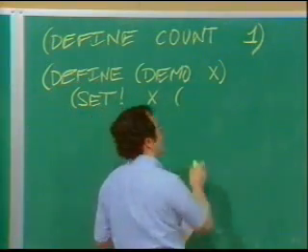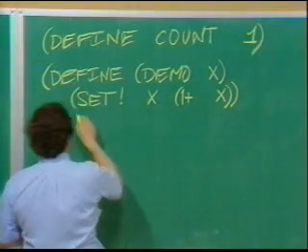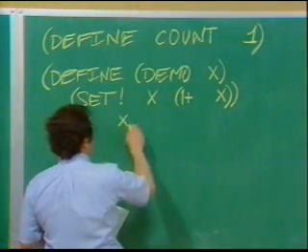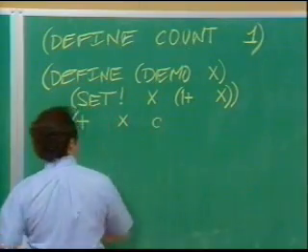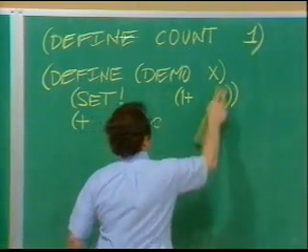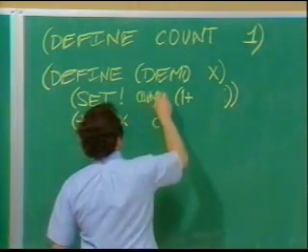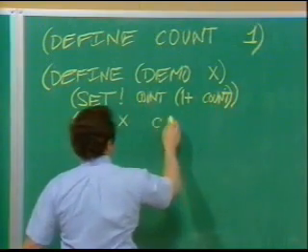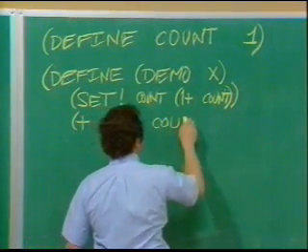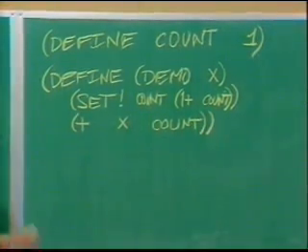My gosh, this looks just like Fortran, right? In a funny syntax. And then add to x count. Oh, I just made a mistake. I want to say set count to 1 plus count, which is this thing defined here. And set plus x count. Then I can try this procedure.